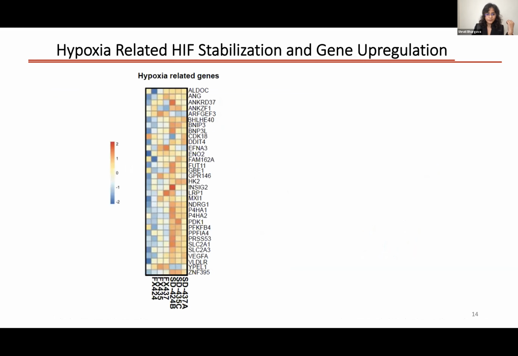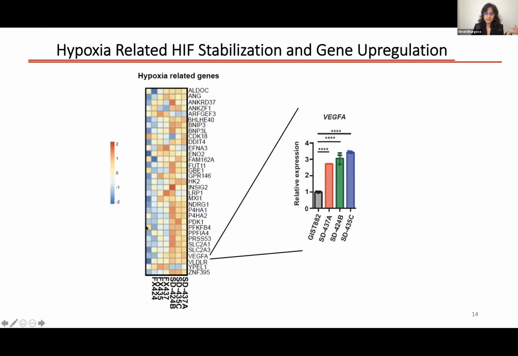Now, this was also translated into the gene expression that is associated with a hypoxia related state. And we did verify that these are actually higher in the SDH deficient models that we have established and the parental tumors from which they are derived, as compared to the KIT mutant cell line.